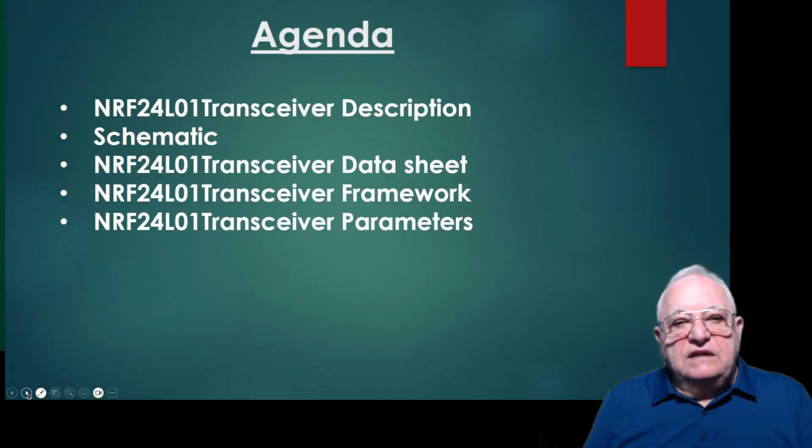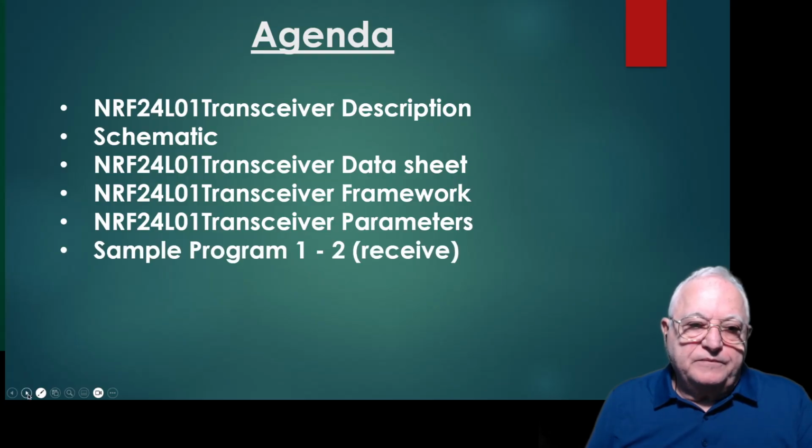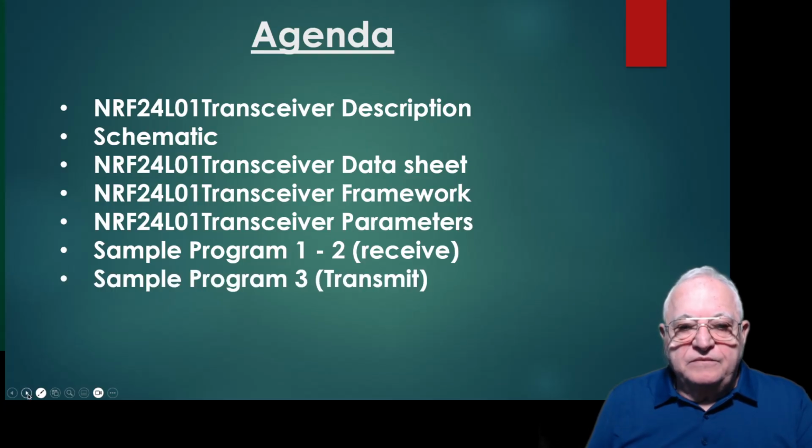Next, we'll look at the different parameters and how to configure the radios for the receiver and transmitter. Then we'll go through sample programs 1 and 2, which are the receiver, one using the polling method, the other using the interrupts. And finally, we look at sample program 3, which is going to transmit the data.